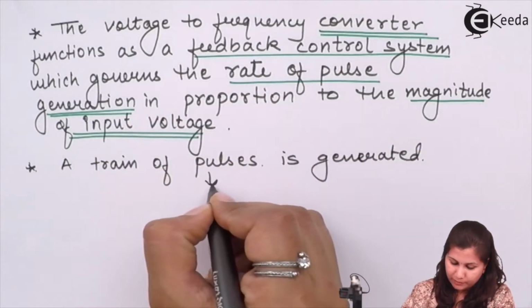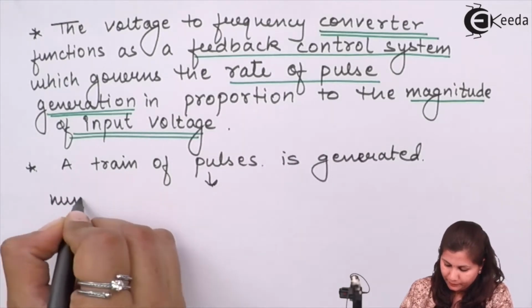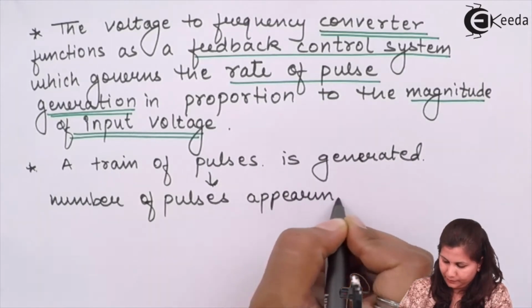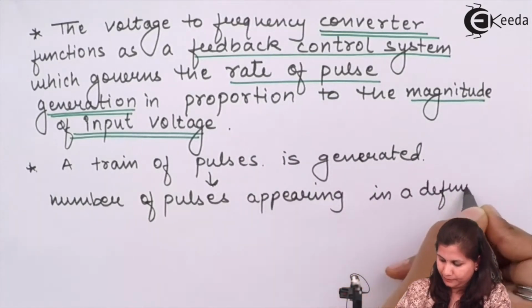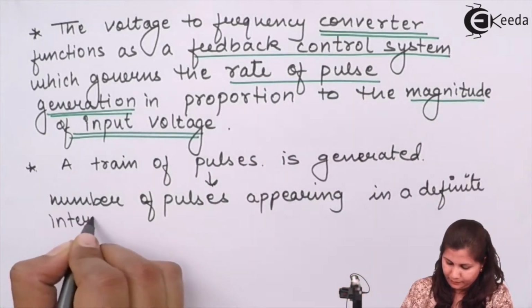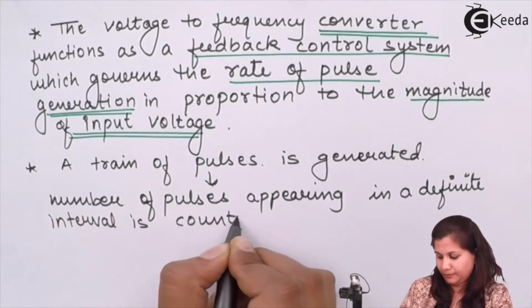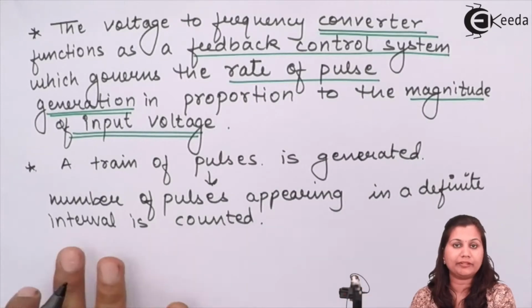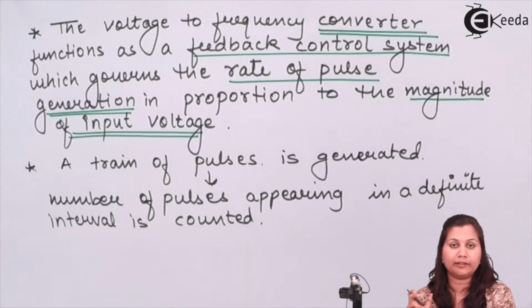Then how many pulses appear in a definite interval of time, or in a fixed period of time, will be counted.